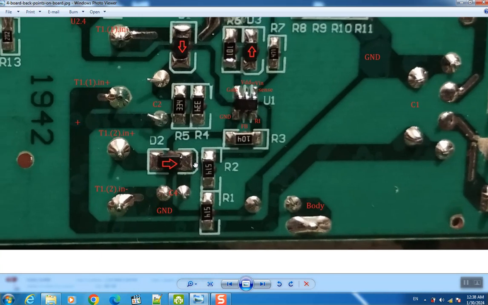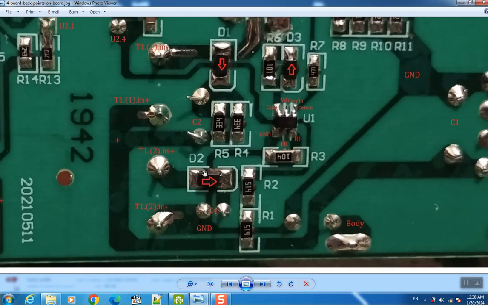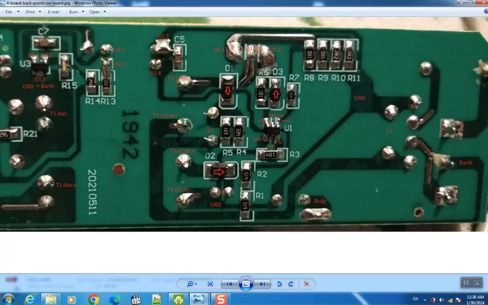And as I said before, wiring has slightly changed here because we have 2263 6 pin instead of 2269 8 pins here.